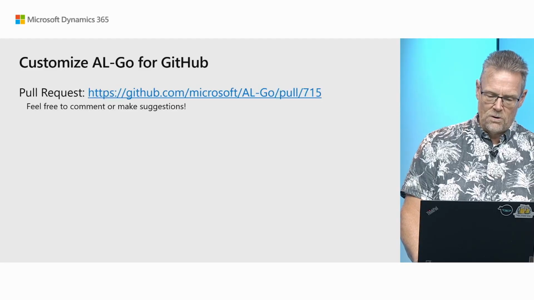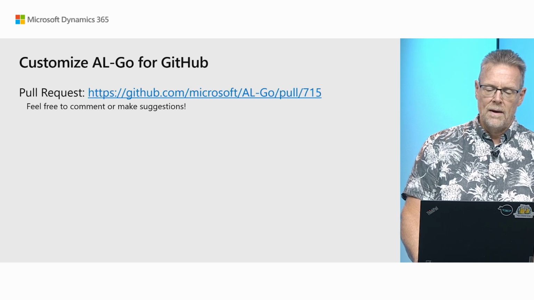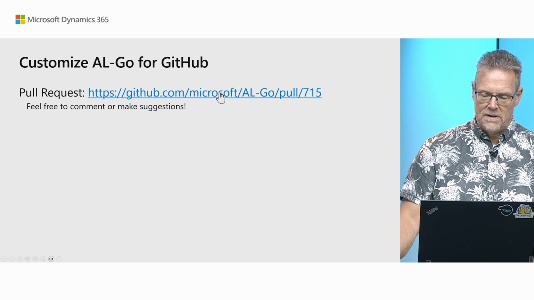But for those who want to have serious usage and add some stuff to AL-Go for GitHub that we didn't ask for, but we didn't think of, there actually is a PR open now, and whether we are going to merge it or include this functionality, I don't know. But the PR is here.